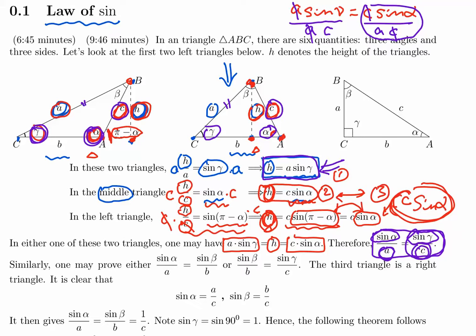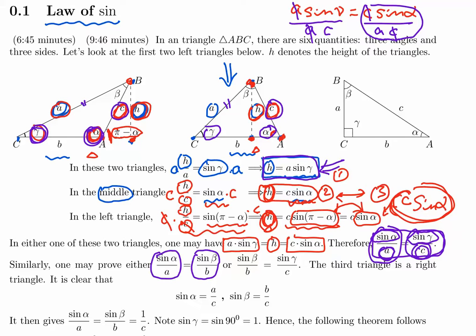Similarly, readers can prove sine alpha over a actually also equals sine beta over b. That's the angle we didn't touch, but you can do that.